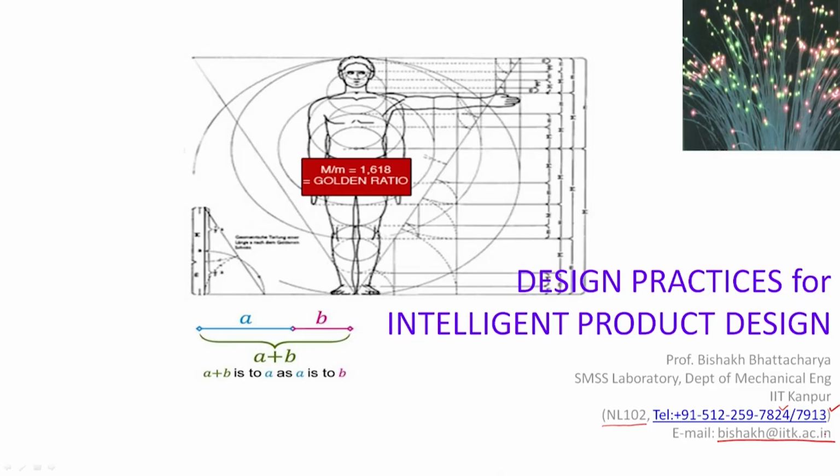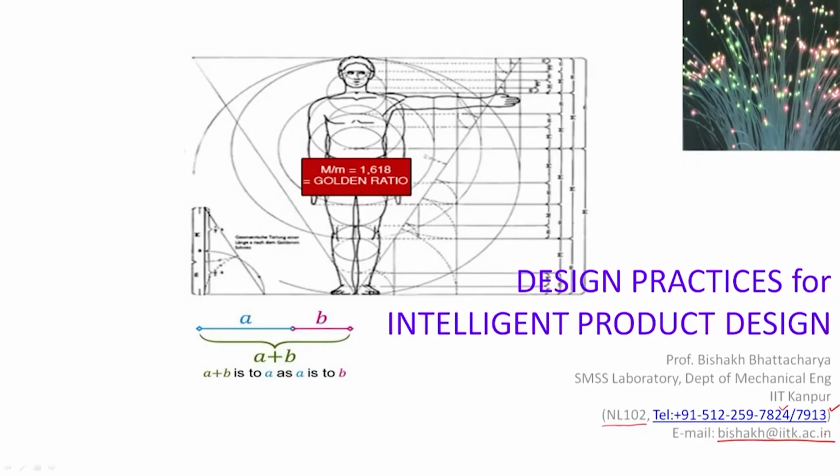So, in this first course, we will be talking about the large broad profile of intelligent product design. And in the very first day of this course, in the very first slide, I will give you one clue towards the design practice for an intelligent product design.